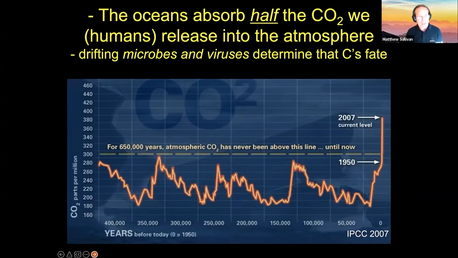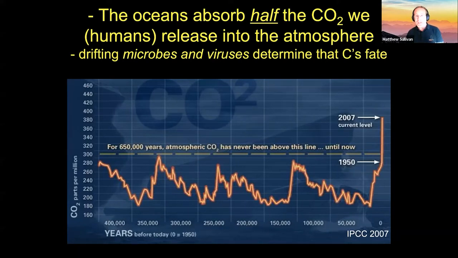Here we're seeing the atmospheric carbon dioxide that cycled for the last hundreds of thousands of years between 200 and 300 parts per million in the atmosphere, until recently, when we as humans have perturbed this natural cycling of carbon dioxide to not only get beyond the 300 parts per million barrier, but in 2015, we went beyond 400 parts per million.